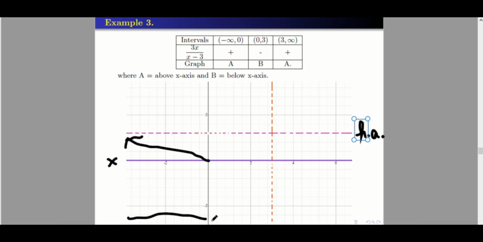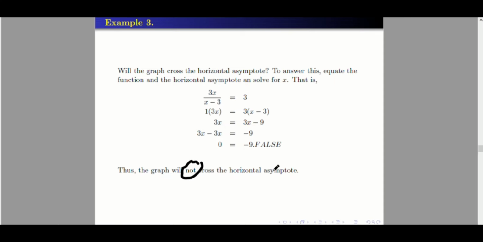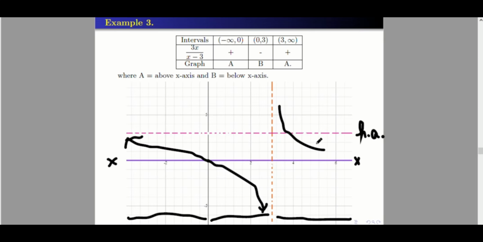Next, 0 to 3. It should be below. So draw a point from here, asymptotic to the vertical asymptote. Okay. And last, from 3 to positive infinity, it should be above the x-axis. It should not be here because according to our previous slide, it will not cross the horizontal asymptote.